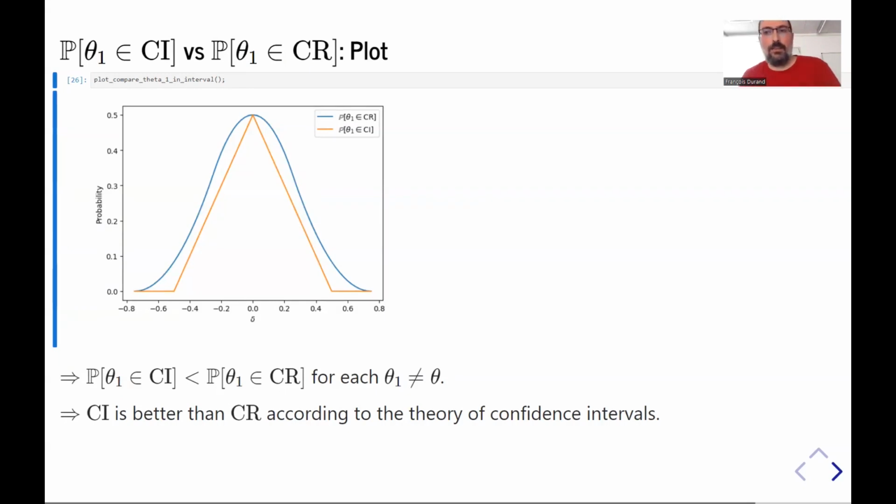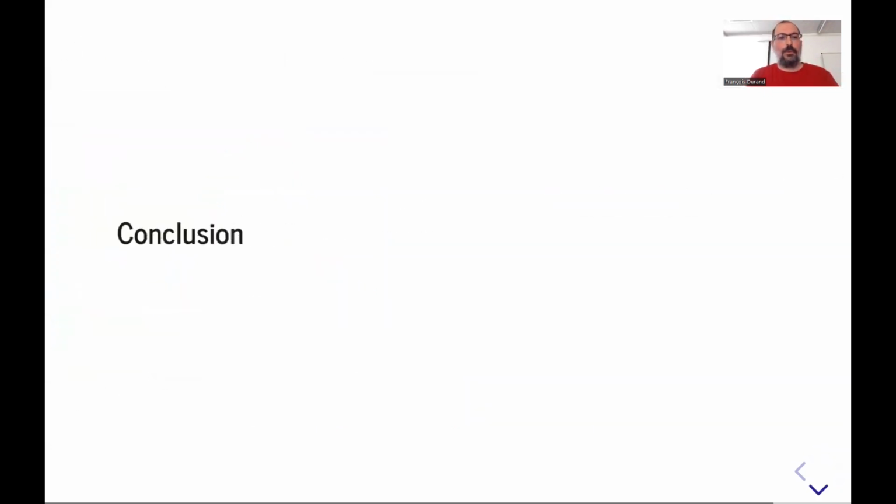And in fact, it is in that sense that this confidence interval is optimal. So we have only illustrated the fact that it's better than the credible region from the point of view of the theory of confidence intervals. Okay, so I'm more or less on time.